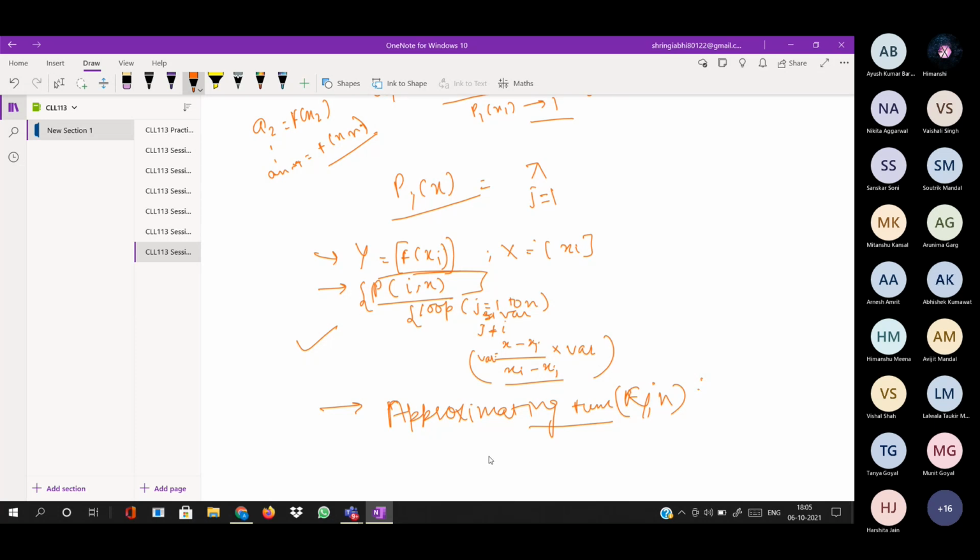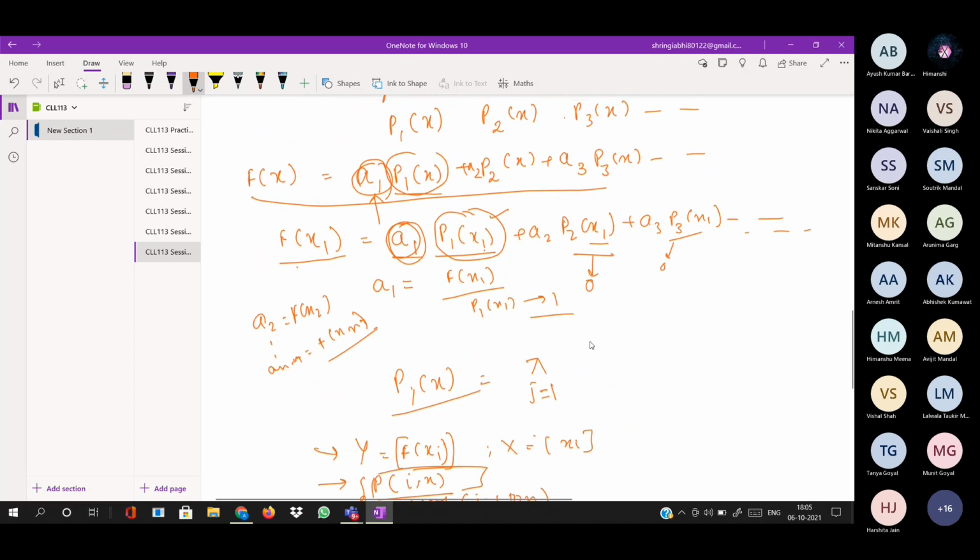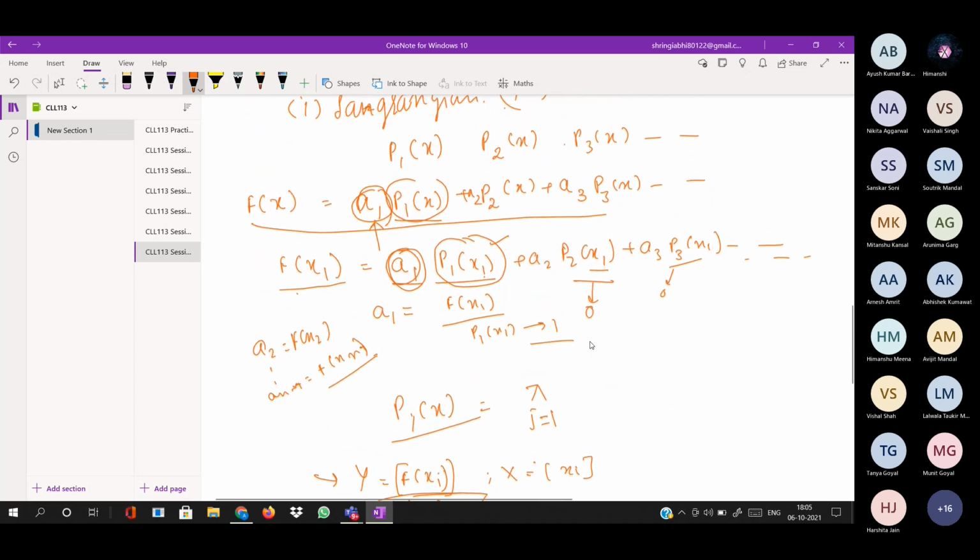How do you approximate it? Someone would like to tell. It is written here only. Just read it out for the class.